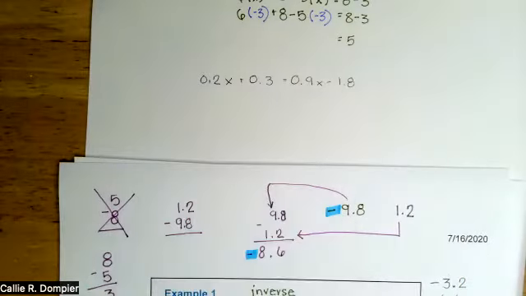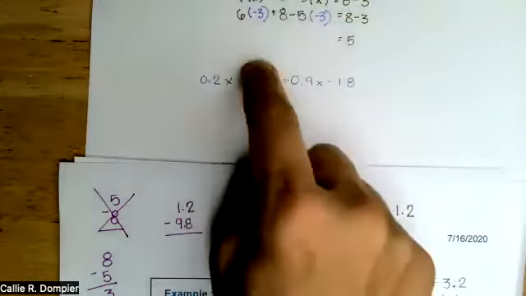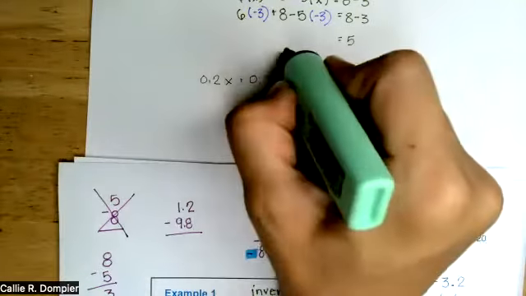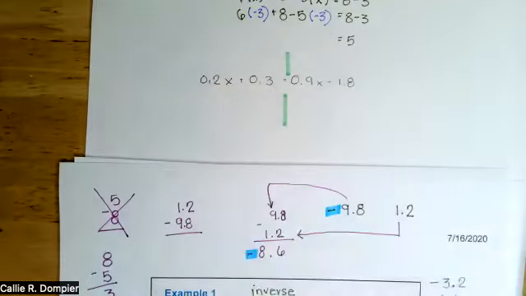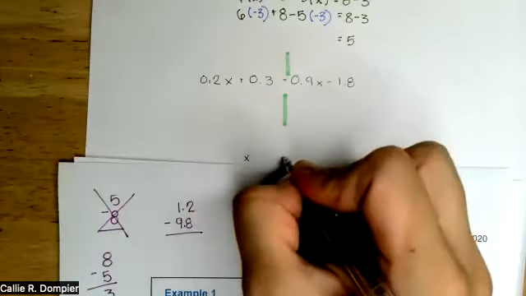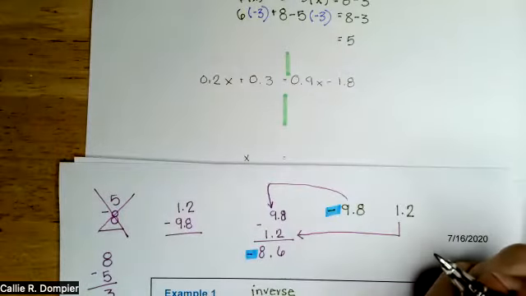So now I need to combine like terms by moving things, by doing the inverse. So that equal sign is a wall. I need the x to still be alone on one side of the wall in the end, okay?